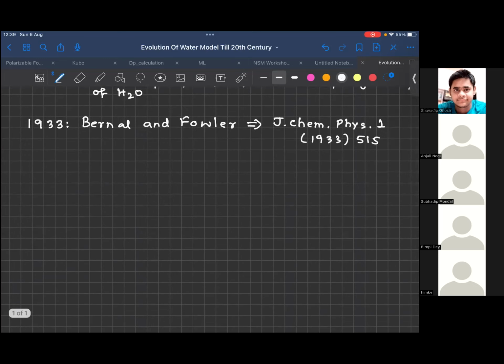Now come to the main thing, which is after computers came into the picture.